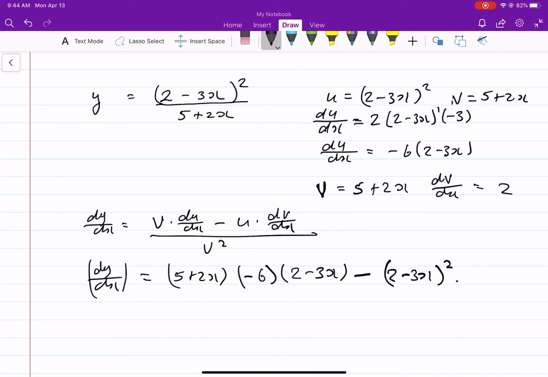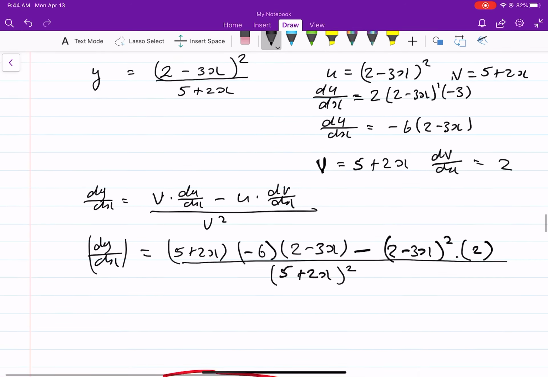U times dv dx, differential of the denominator is 2. All upon v squared, which is 5 plus 2x all squared, like so.